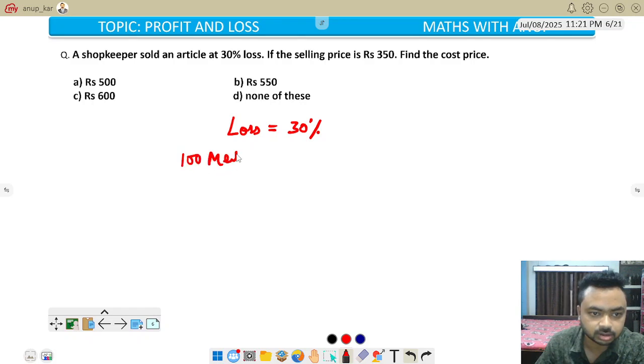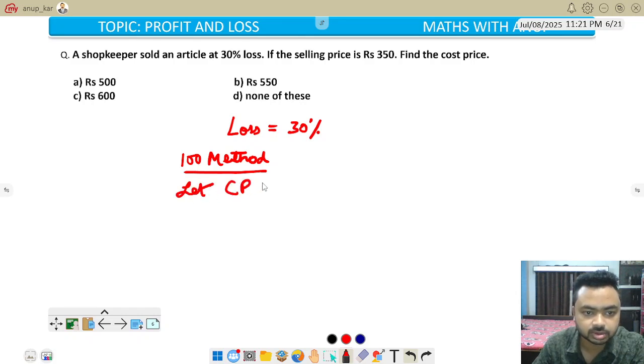100 method, meaning that we will consider the cost price equal to 100%. Okay, so my loss is 30%.